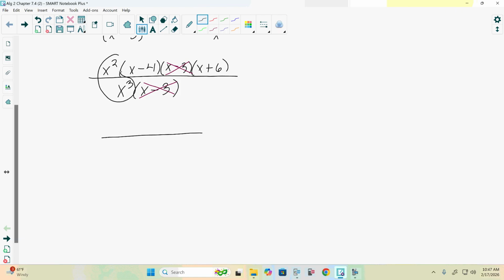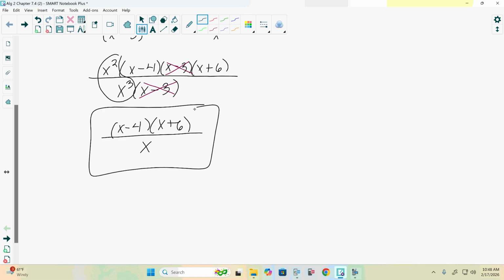Because when we divide like bases here, we're going to subtract the exponents. So 3 minus 2 is 1. Since it's bigger on bottom, it will stay on bottom. And that's actually the only thing we have left. x minus 4 times x plus 6 over x. Questions on this here?